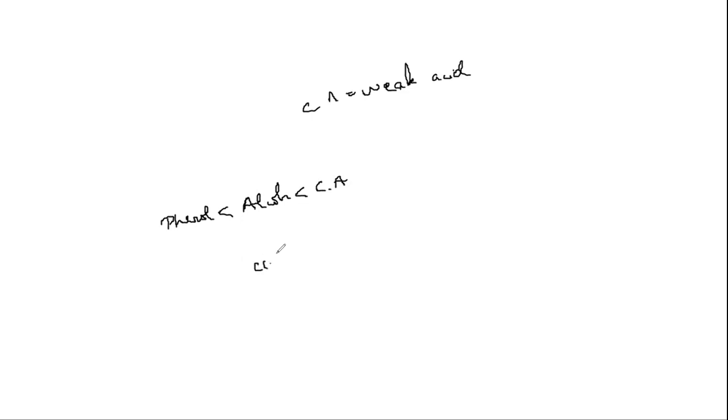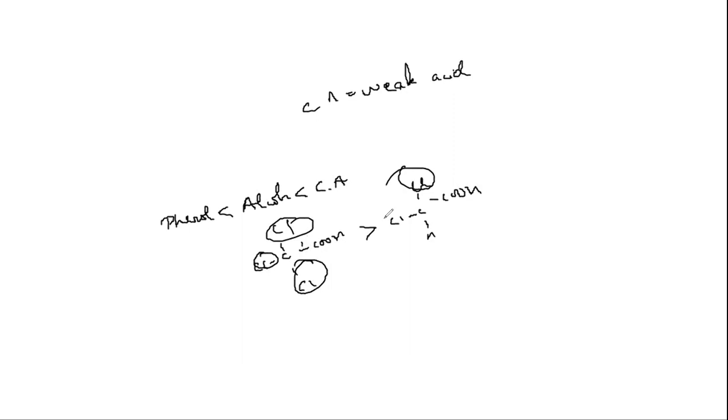Trichloroethanoic acid, if you see, for example, as the number of electron withdrawing groups increases, Cl3C-COOH is a stronger acid than dichloro, Cl2CH-COOH. That means as the number of electron withdrawing groups increases, the acidic strength increases. Okay, fine. Greater the electron withdrawing tendency of a substituent, stronger is the acid.